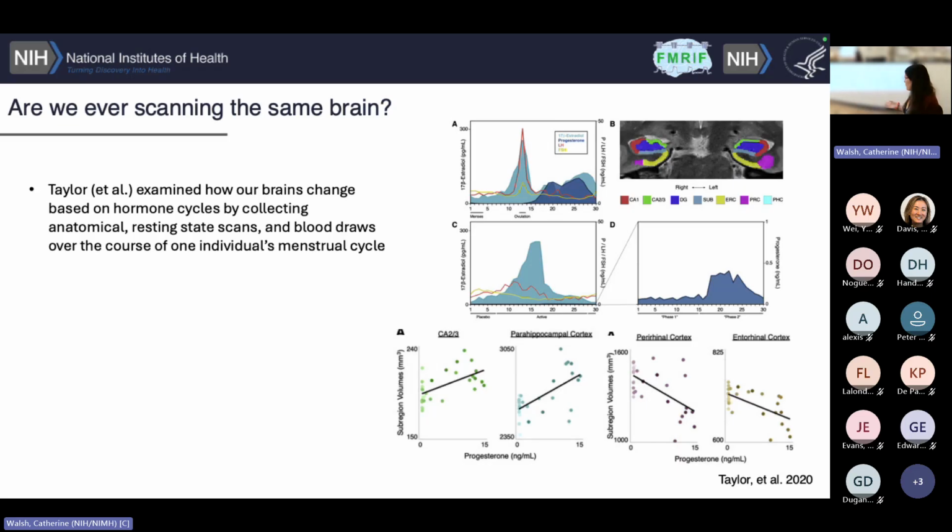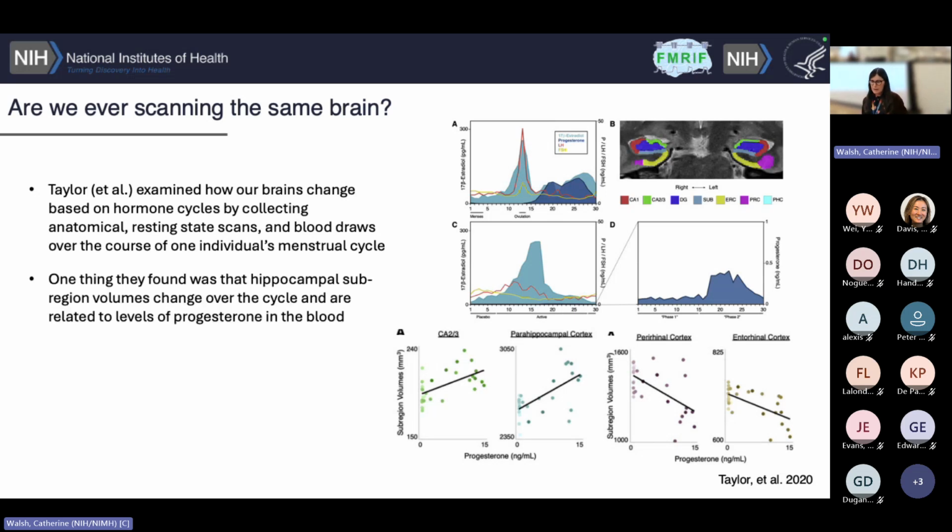And so then they were able to take, in this particular case, they scanned someone for every single day during their cycle. And then they were able to actually look at blood draws and hormone levels and relate those to the volume of different hippocampal subfields. And what they found was that progesterone was related to the actual volume of a number of different areas in the hippocampus.